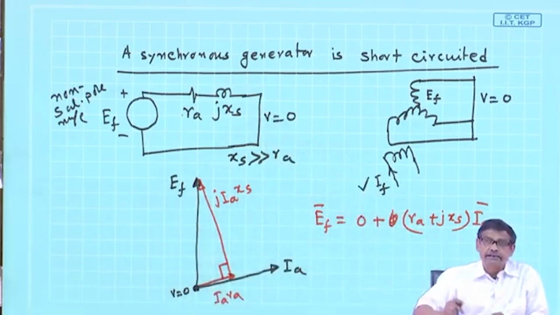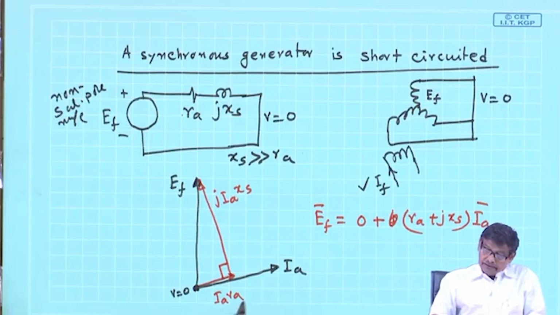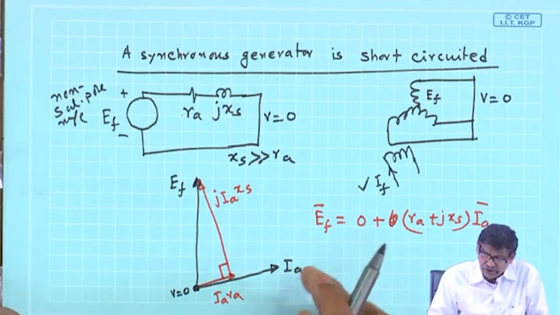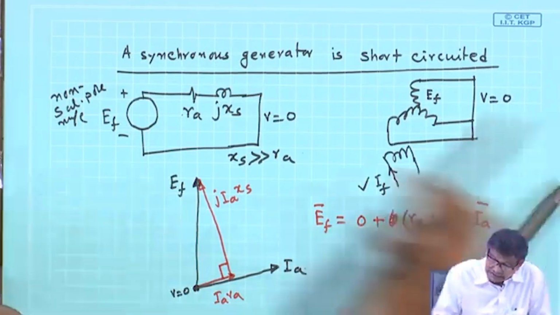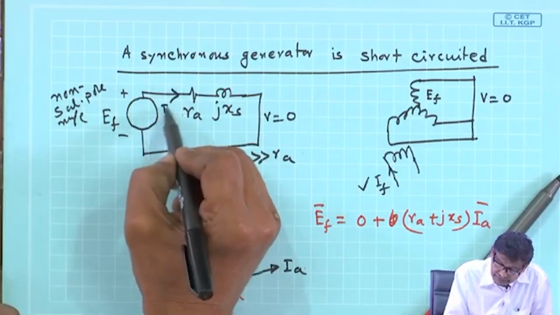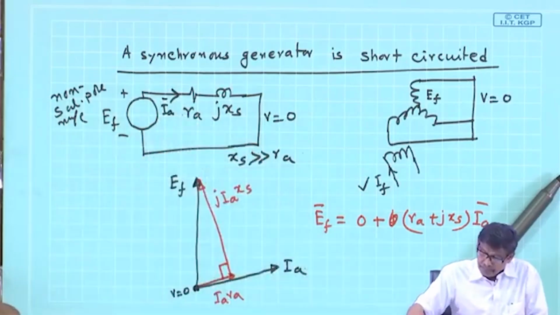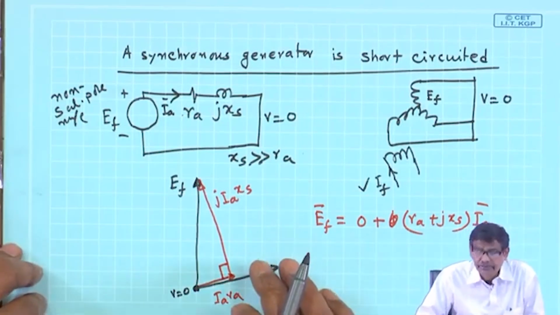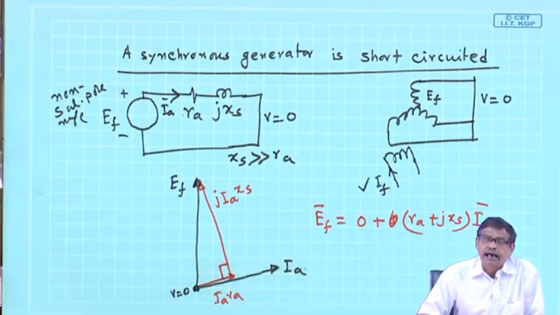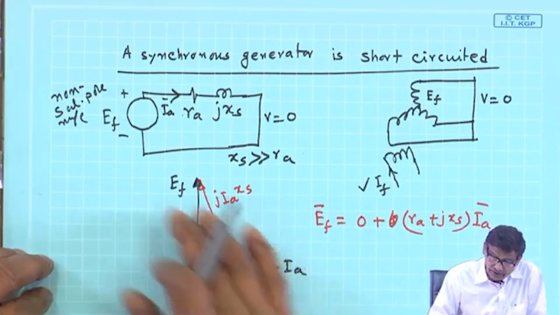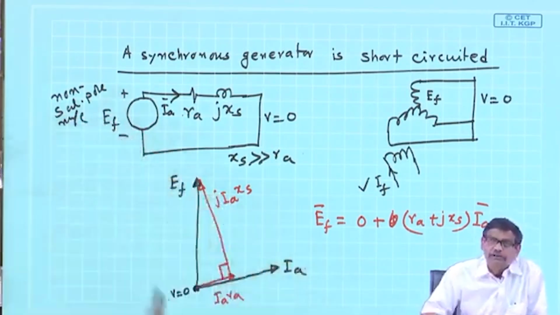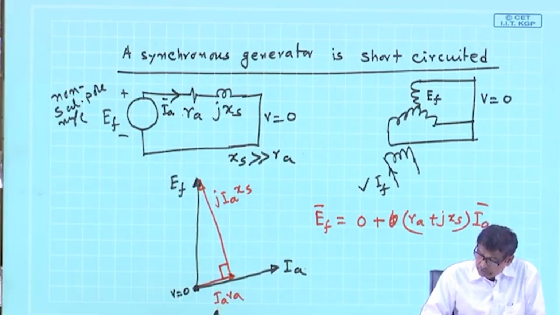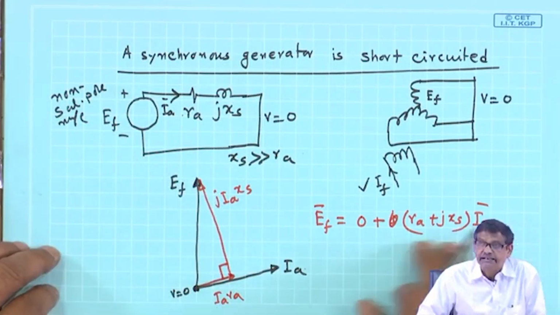This will be the phasor diagram, and this current is called the short circuit current, and this is the direction of the current. Understood? Therefore, by doing a short circuit test and an open circuit test on a non-salient pole synchronous machine, you will be able to determine the value of Z_S.